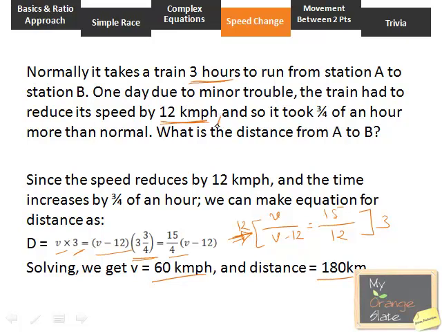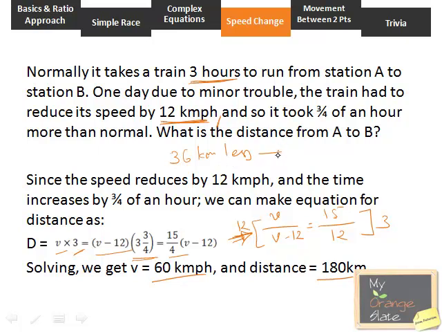So before we read further, if we combine this information, what we understand is, in the normal time, the train covers 36 kilometers less. Because in 3 hours, it should reach the destination, but it covers 12 kilometers less per hour, and hence 36 kilometers less in 3 hours.